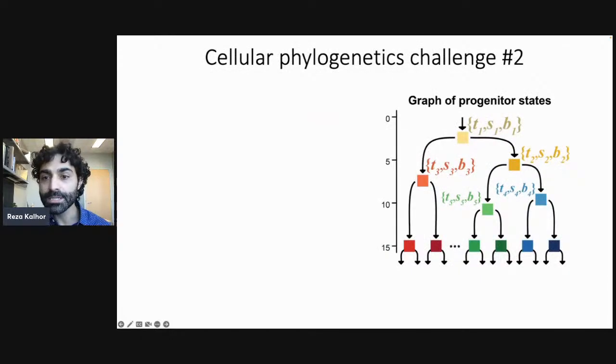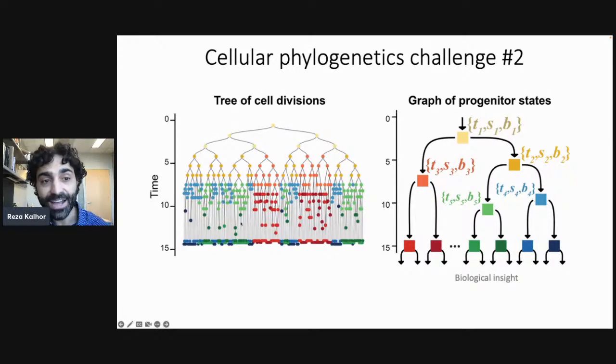In other words, in most organisms, it is this hierarchy of progenitor states that dictates development and also captures biological insight. Dividing cells move through this hierarchy in a somewhat stochastic fashion.